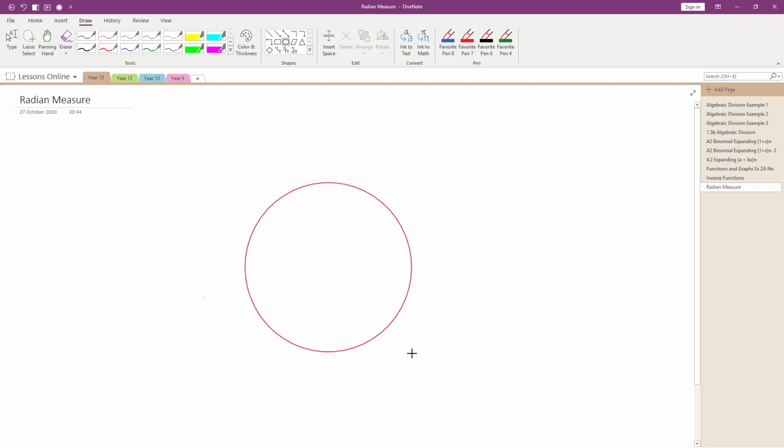So if we have a circle here, we're only going to look at the radius.